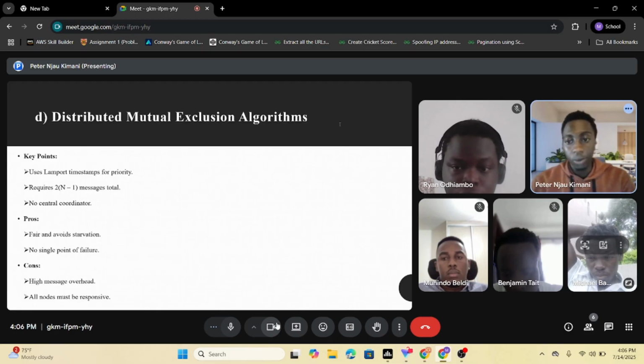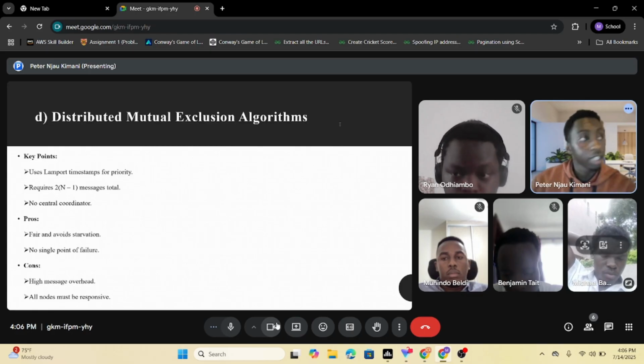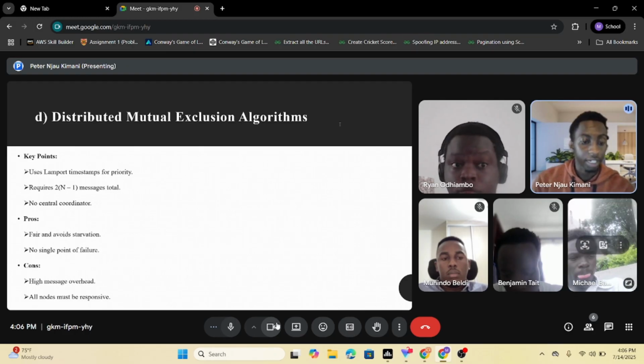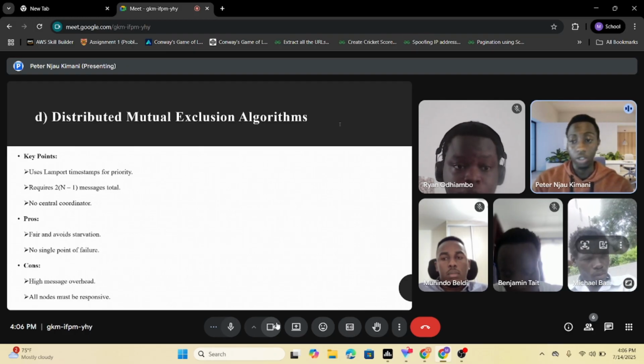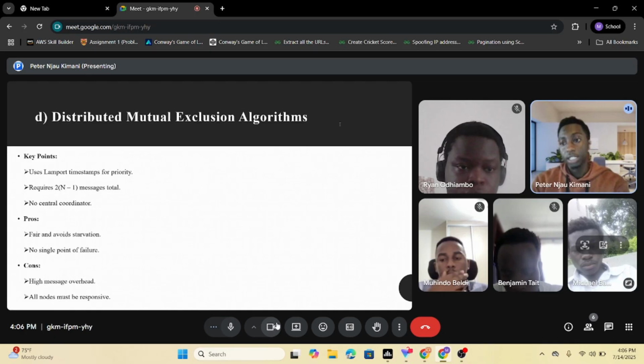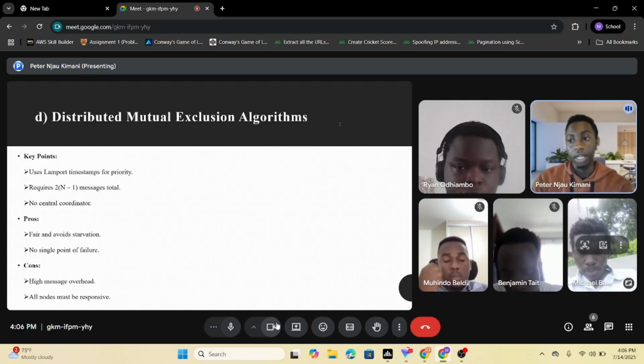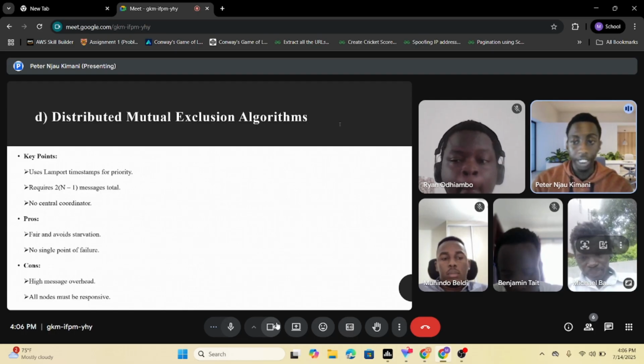We also have the message complexity, where 2(n-1) messages are used in total. So one request and one OK for each of the other processes. And lastly, there is no central coordinator.